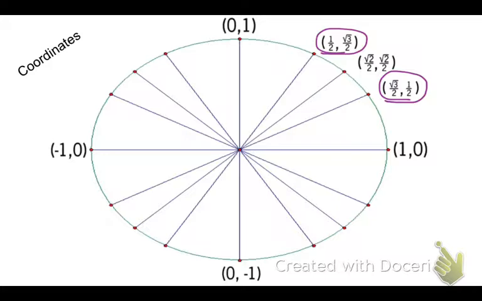They're just in different positions. And notice that the 45-degree angle has the same x and y value. I would also like to point out that all three angle markers are all divided by 2. Everybody gets divided by 2.